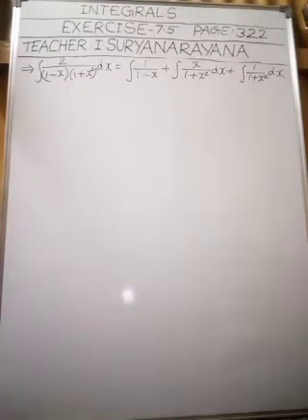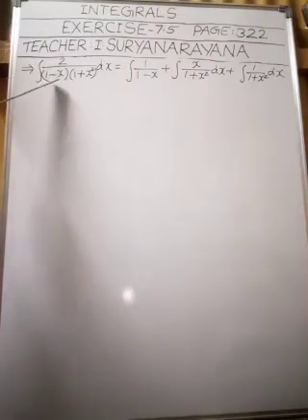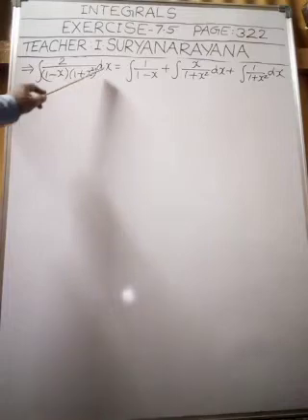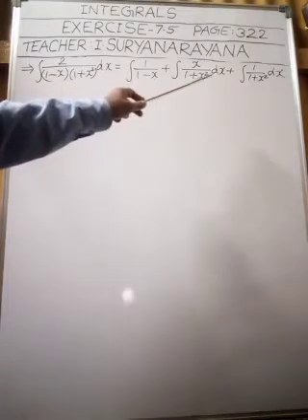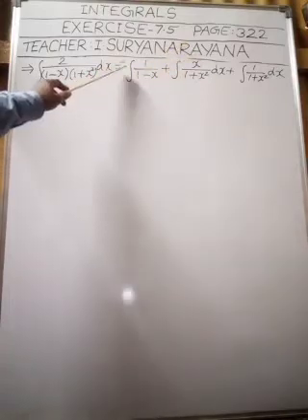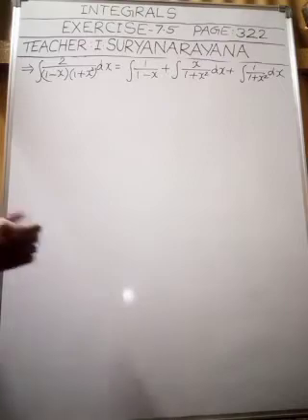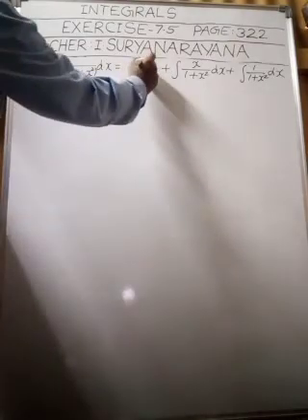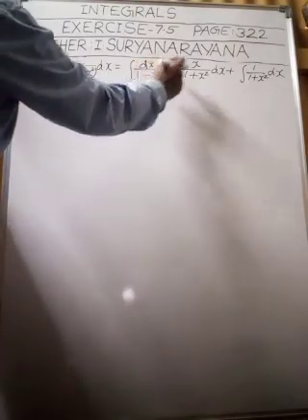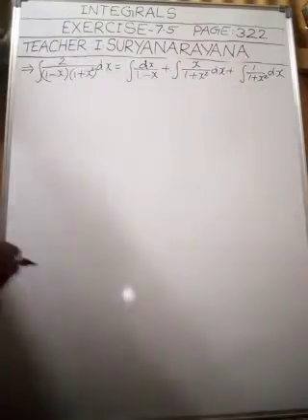Right. In the previous step, we have taken integration on both sides. Then we get the integral of 2 by (1 minus x)(1 plus x square) dx is equal to, in the RHS, I am taking integration separately for every term. So the integral of 1 by 1 minus x dx plus the integral of x by 1 plus x square dx plus the integral of 1 by 1 plus x square dx.